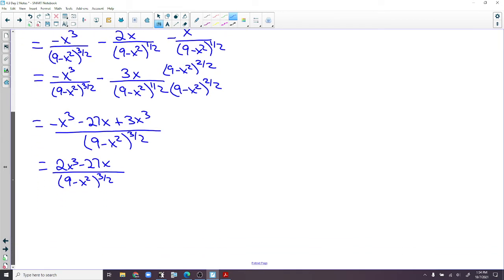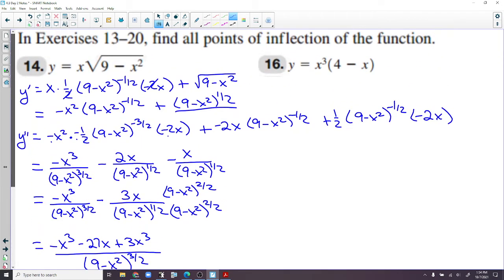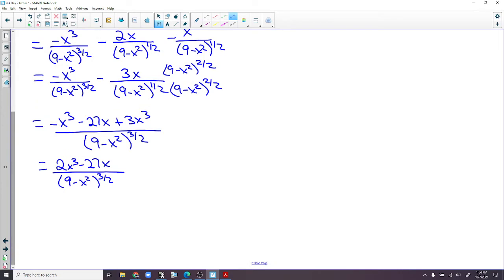Now what are we doing? Second derivative, find all points of inflection. I want to know where the second derivative is 0 and undefined. So x, well, we can factor an x out. We get x times 2x squared minus 27.